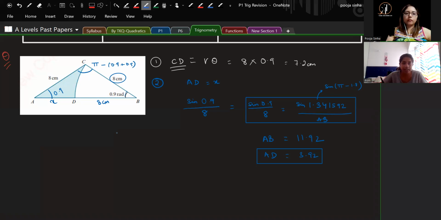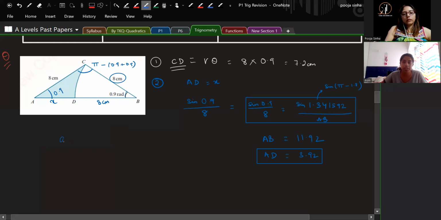Basically, a square is equal to b square plus c square minus 2bc cos A. We have all angles. So what we need to find is this part, AB square is equal to.